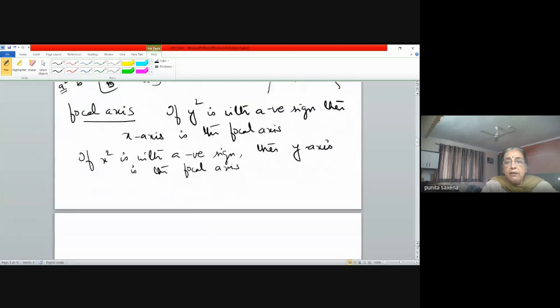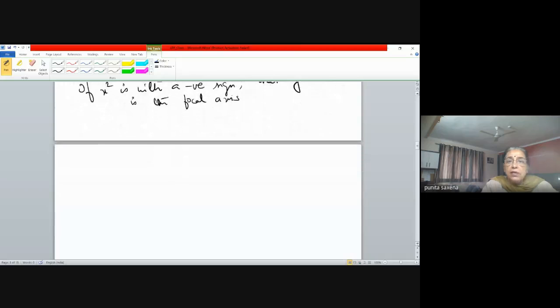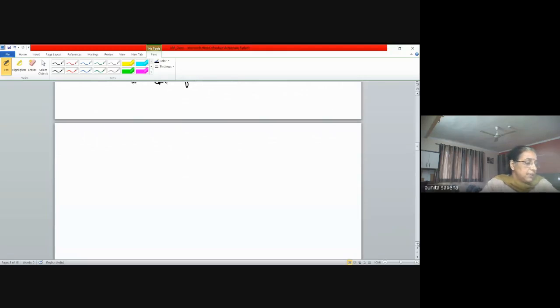Once we have identified our axis, which one is focal and which one is conjugate, the next thing we do is we find our corresponding A's and B's. This is the next step. Okay? So what we do is we draw a box. Now this box becomes a very useful thing.